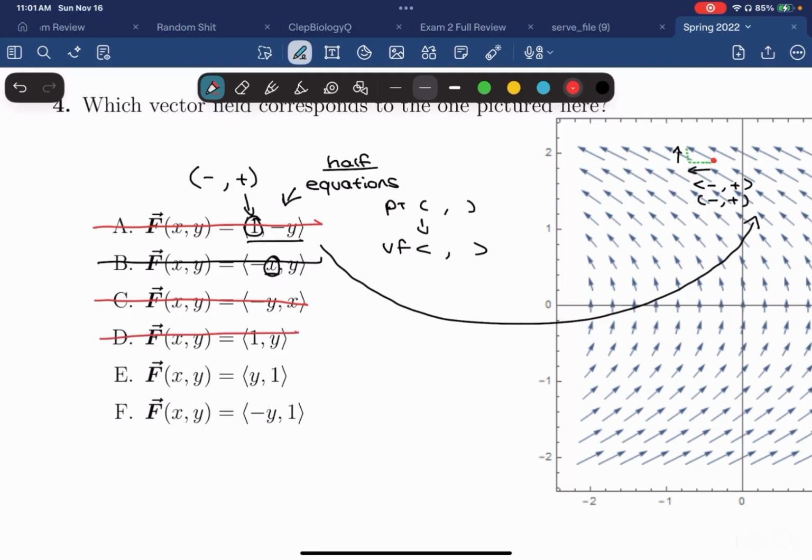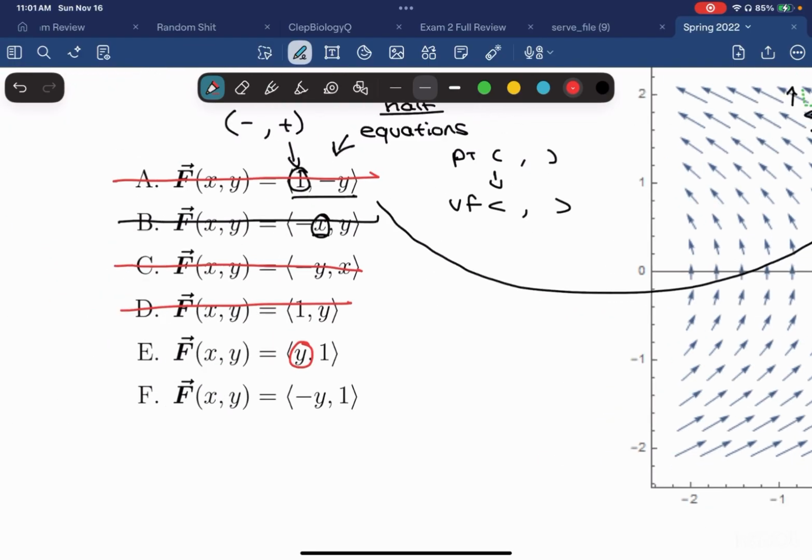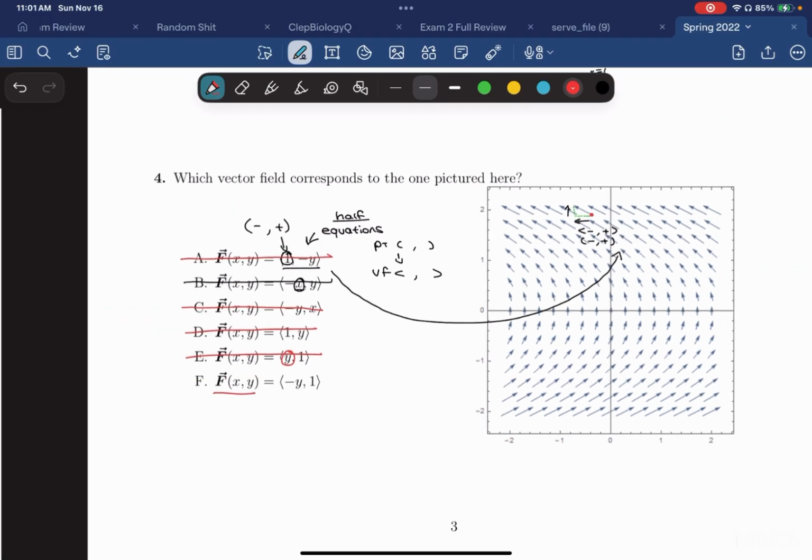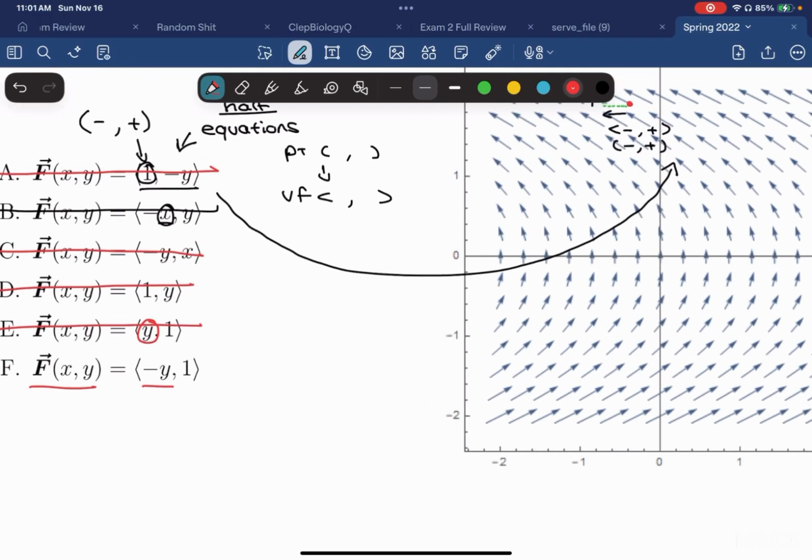So look at F. F starts with y, 1. If we plug in our y right here, our y is positive, but our x vector is negative, so it's wrong. And then with F, if you plug in a negative y, our y is positive, so negative y will become a negative vector, and 1 is already positive, so that's right.